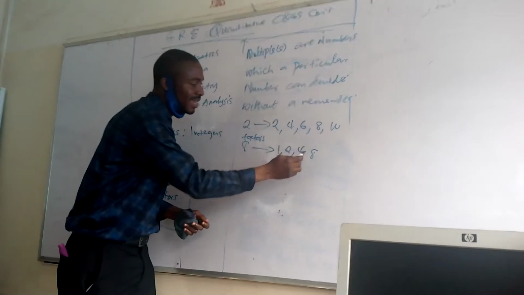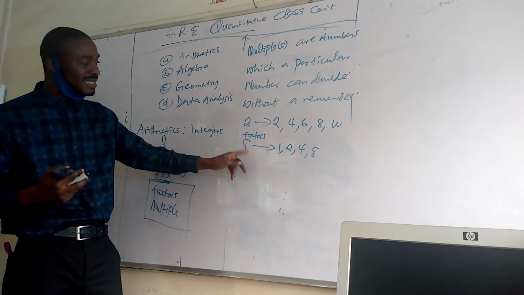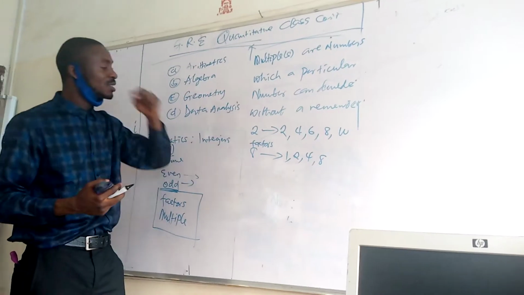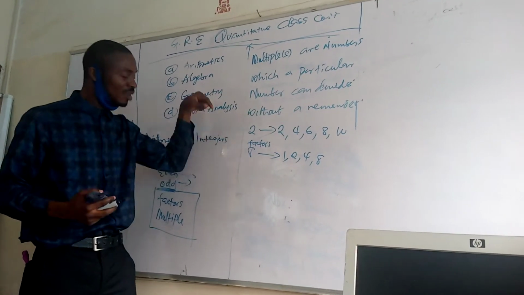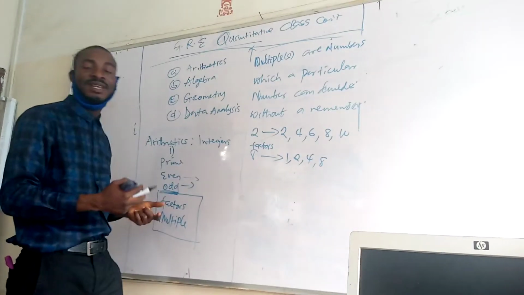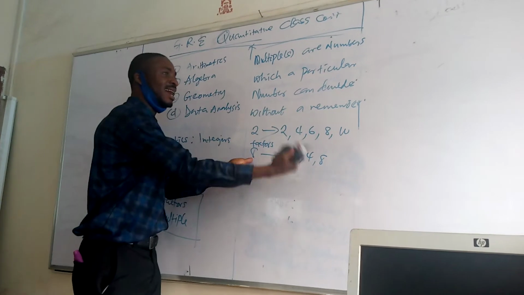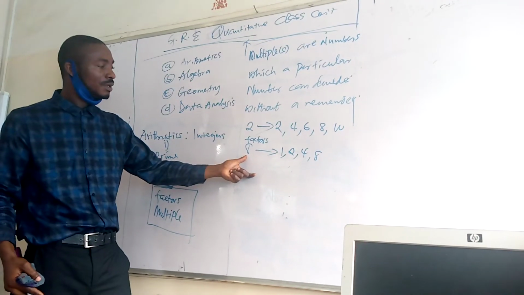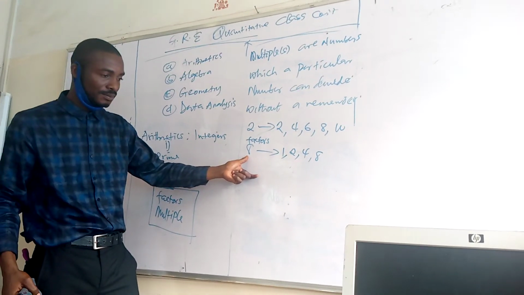So factors are numbers that can go into a fixed number. Multiples are numbers that a fixed number can go into without leaving a remainder. Is that okay? Alright.